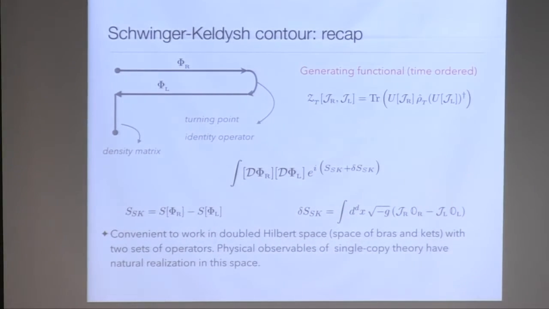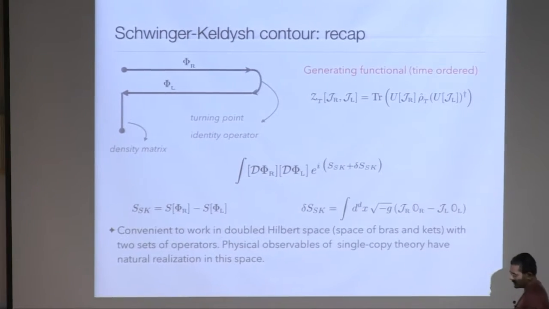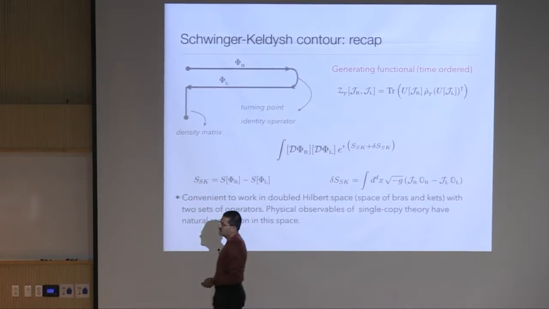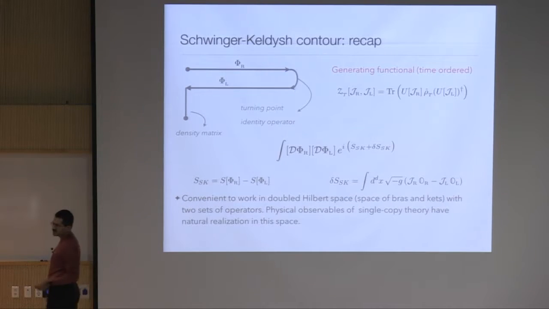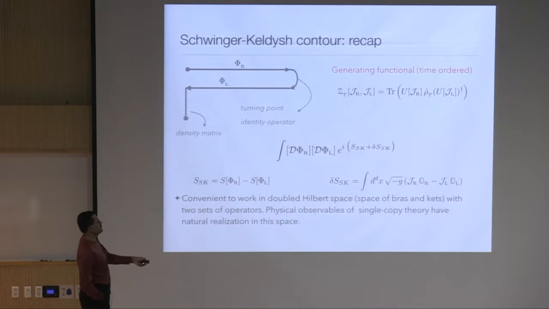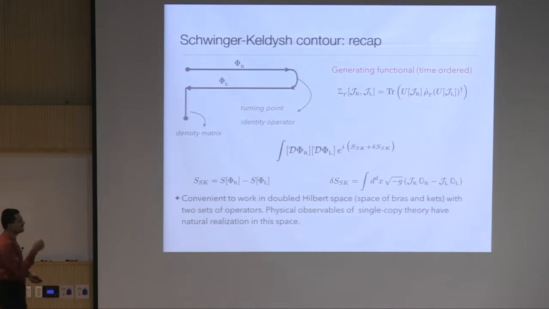And what you do is you evolve this density matrix forwards and backwards by conjugation with unitaries with sources, or in functional integral language you can think of it as having two sets of degrees of freedom, the right and left, which have opposite decoupled actions in the ultraviolet with correlations built in through the initial state that you've prepared the system in. If you deform this path integral, then the sources you insert would couple this way, with the right sources coupling the right operators and left sources coupling the left operators with a relative sign.